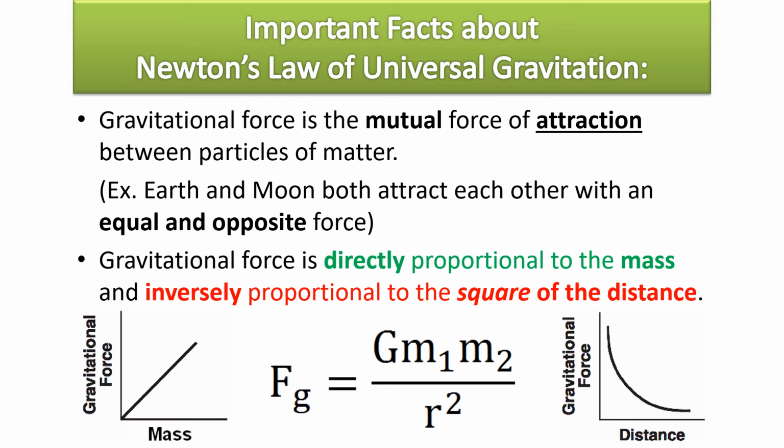But that's the idea. The further you go, the larger the distance, the less force you feel. Doesn't that make sense? If you're farther away, you're moving further and further away from Earth, your distance is increasing, then the force that Earth exerts on you is going to be less. It's going to go down. And the more massive the object is, the more force you're going to feel. And it's a direct relationship.